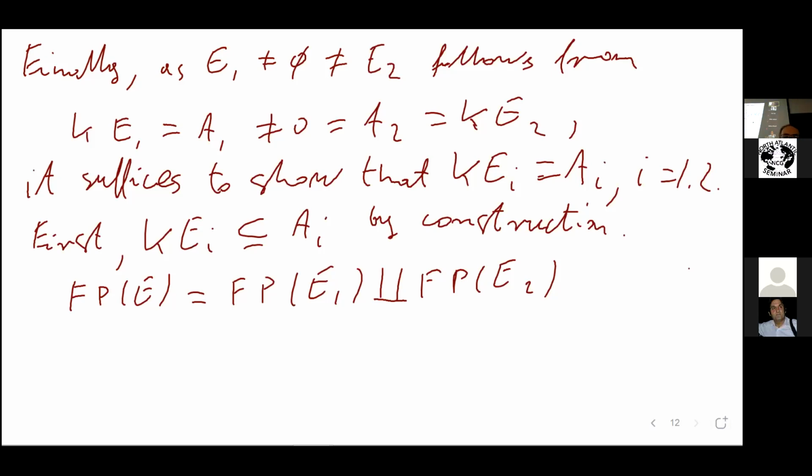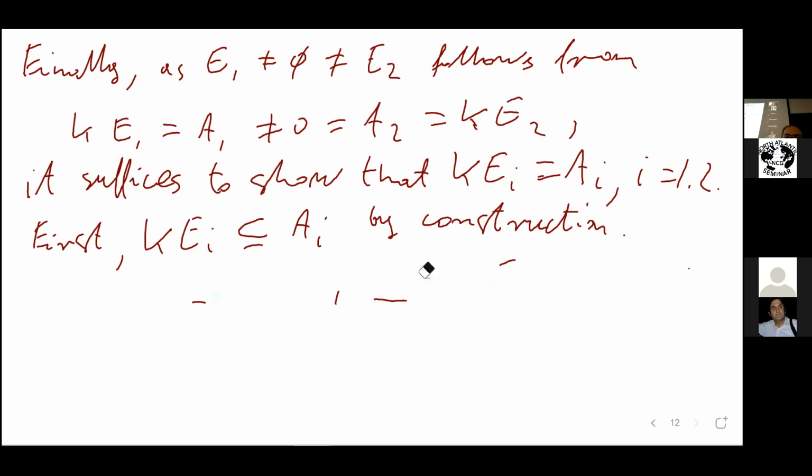And I know it because it's an ideal. Whichever path I take in EI, it must have a vertex which is in AI, and because it's an ideal, such a path must be in AI. Okay, so this is obvious. I'm sorry, this was true what I said, but redundant. It's really obvious by construction.